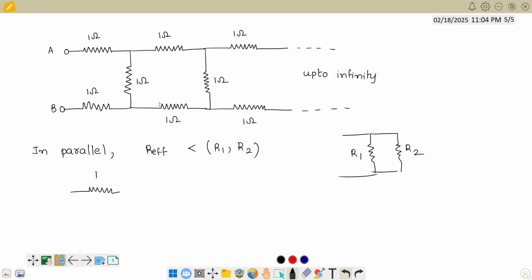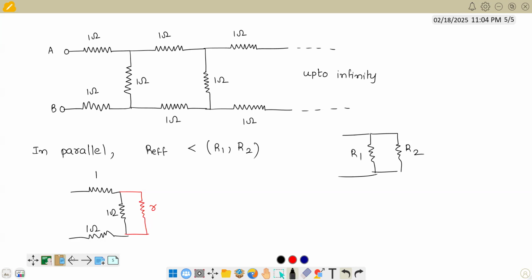Let us assume that because of the entire rest of the part, I am getting some resistor R. This is 1 ohm, and we have this again 1 ohm.